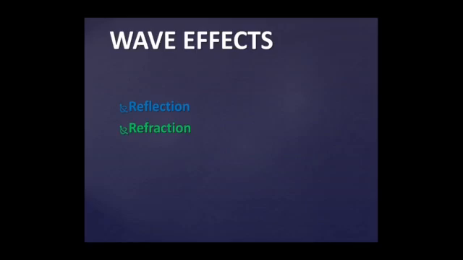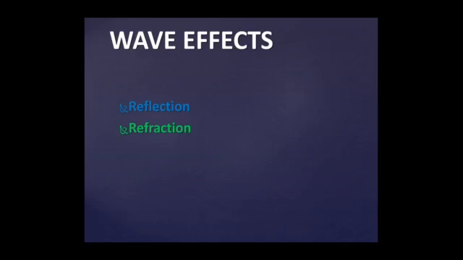Yes, it is the bouncing back of light when it hits a surface. What about refraction? When light travels from one medium to another, a change occurs to the path or speed of light. This is known as refraction. We also studied that sound exhibits reflection in the form of echo.